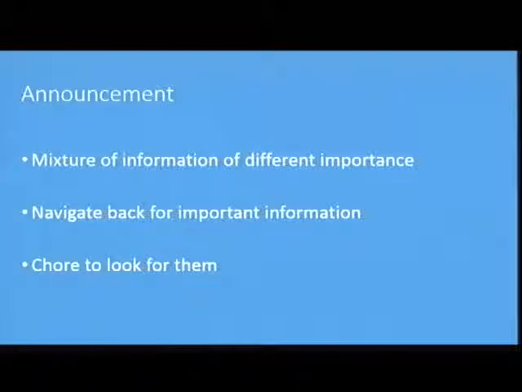So we realized that this is somewhat similar to the condition in emails, because you have a huge amount of emails, and you may need to look for some important emails later. But what they do in emails is that they implement two features. One is mark as favorite, and the other one is search. So we will implement the mark as favorite feature because we believe that sometimes students just don't know what terms to search for.